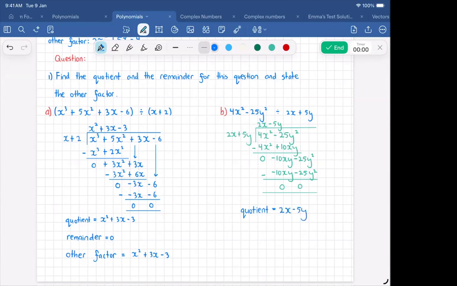And the remainder would be 0. And the other factor would be 2x minus 5y.